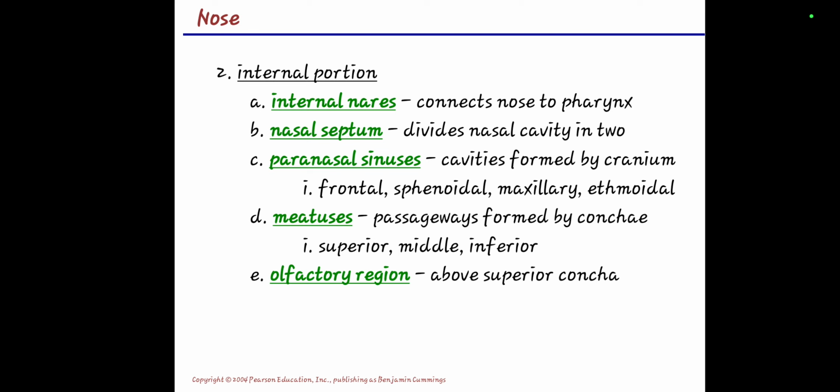It is above the superior concha. I'm always mentioning the conchae or concha. When we say conchae, it is basically a shape like an elongated seashell. In Latin it is called concha, but in English it's called conchae.